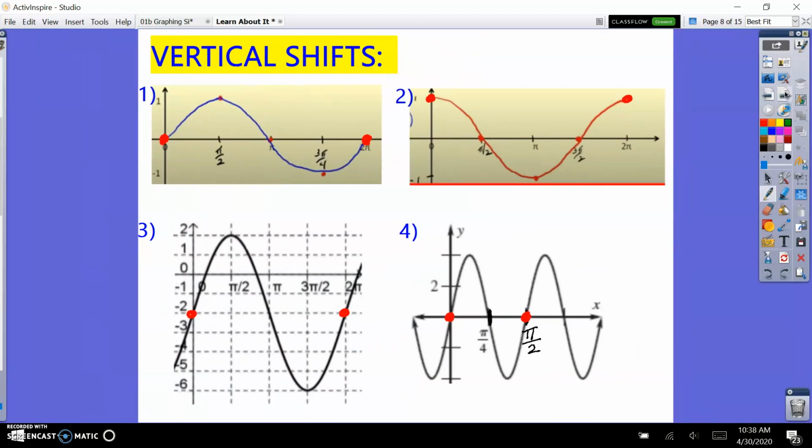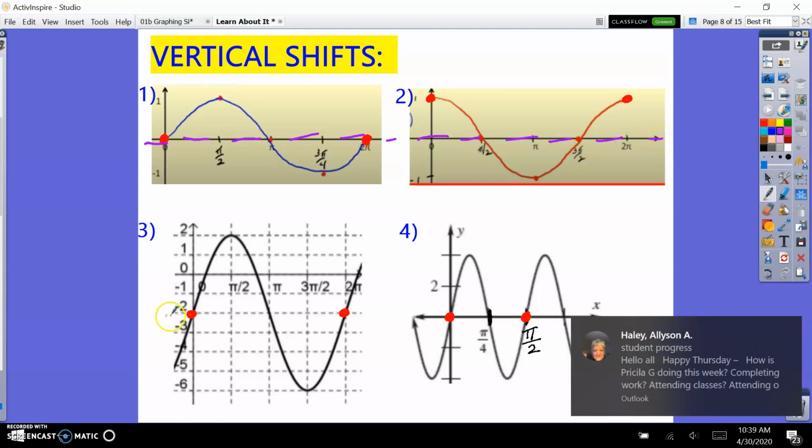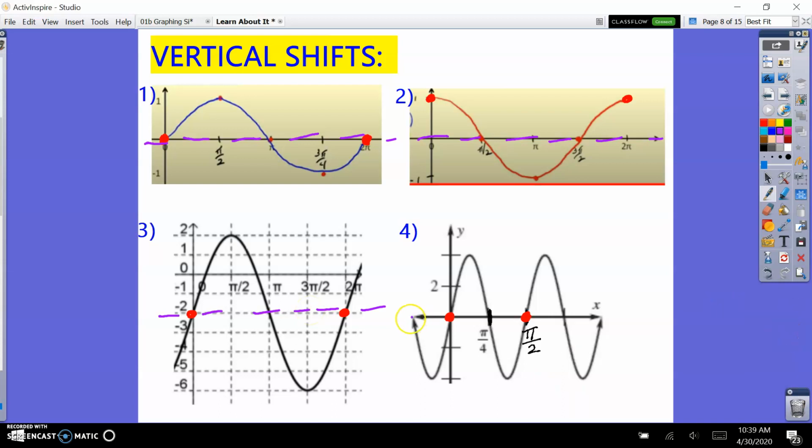Okay. All right. Last part of this video is the vertical shifts. So vertical shifts take from your horizontal center, and it looks to see, does it move up or down? So the way that I can tell is I can take my horizontal centers, and from the horizontal centers, we see where it is.